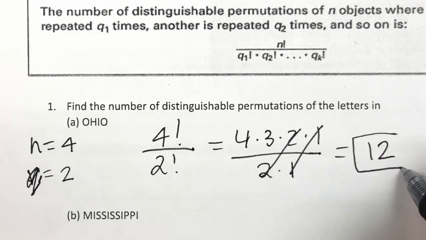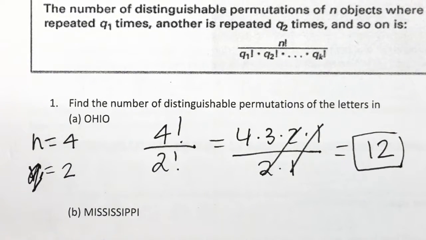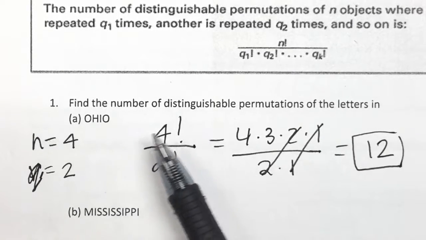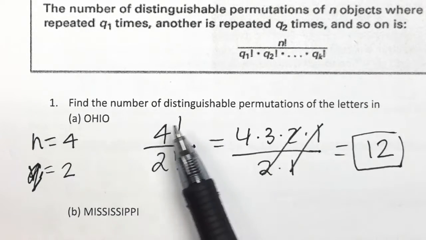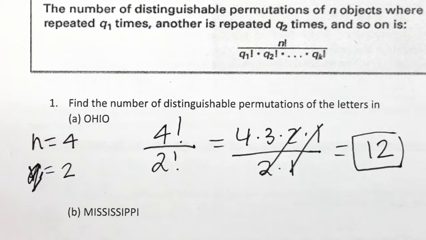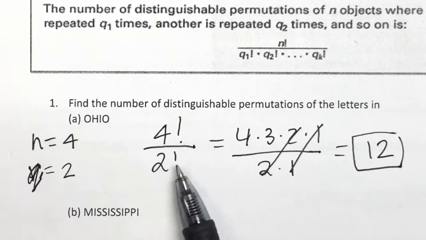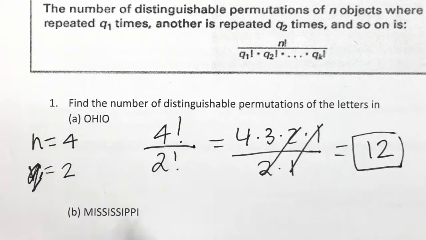Good. You'd have 12 different ways you could arrange the word Ohio. Again, the number that goes on top is how many letters there are. On the bottom, it's how many times a letter is repeated, and it'd just be 2 times right here, correct? Yep. Questions about that one?